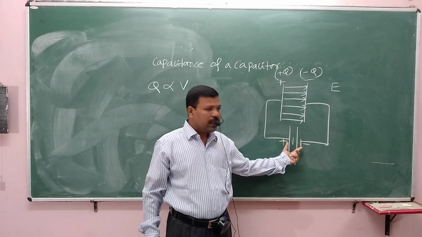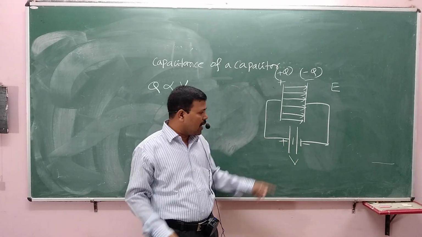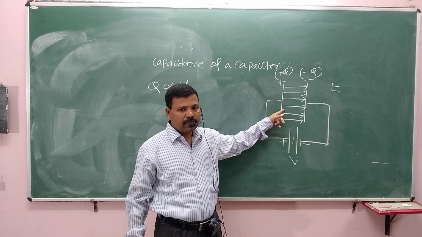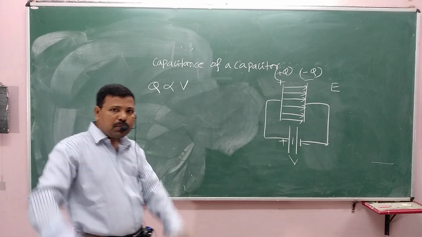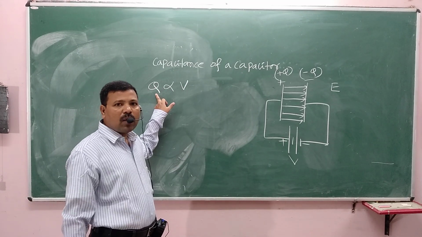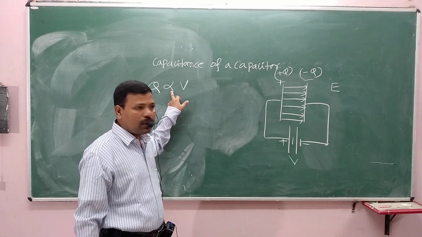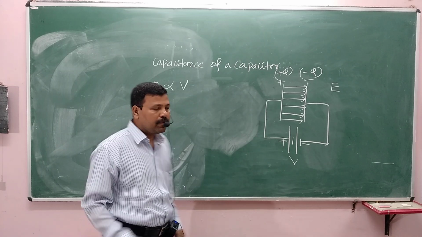This battery keeps on sending delta Q amount of charge to this plate. So what is the principle of a capacitor? The charge acquired by the capacitor is directly proportional to the potential difference applied across the capacitor.